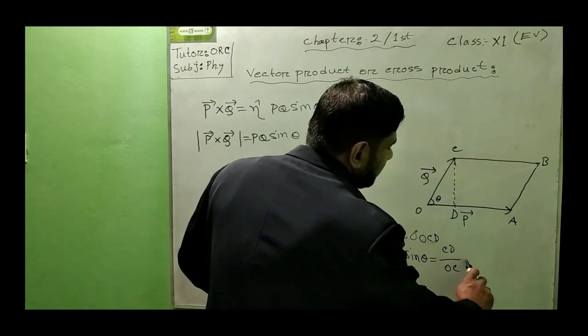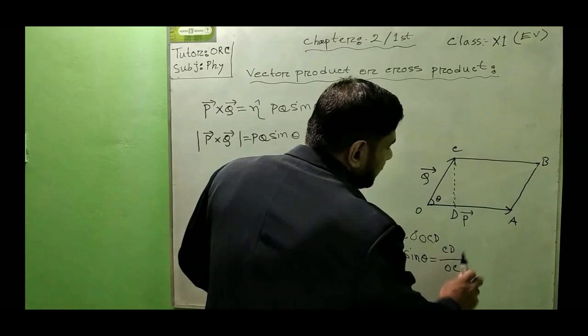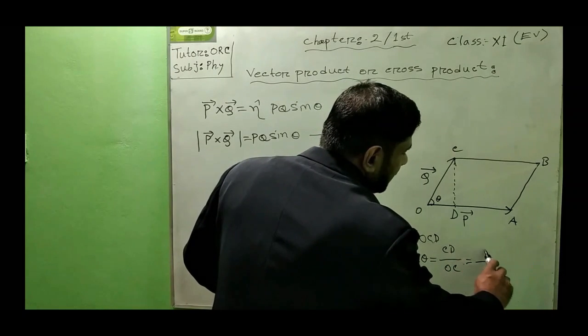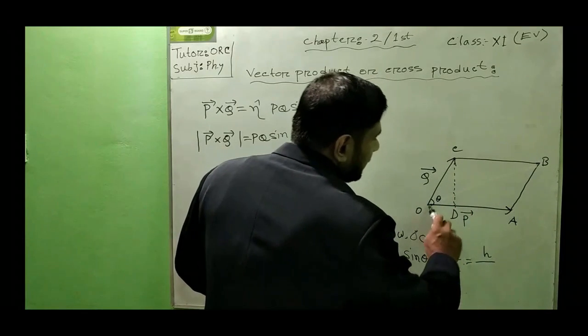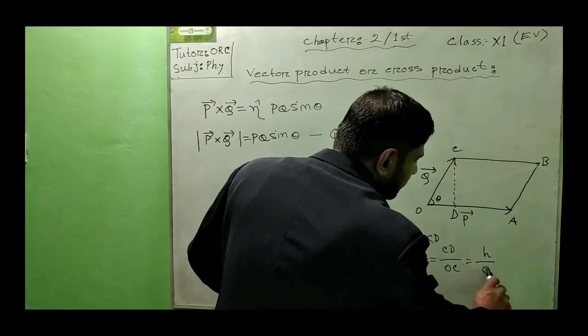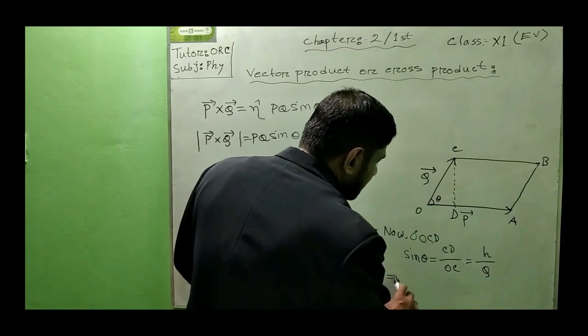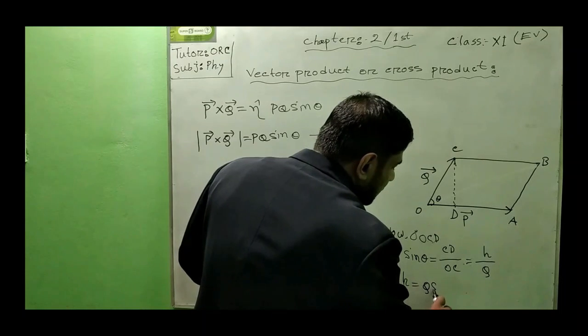Let us put the values. CD is the height of the parallelogram, and along OC there is acting vector Q, so this value is Q. So the height H is equal to Q sin theta.